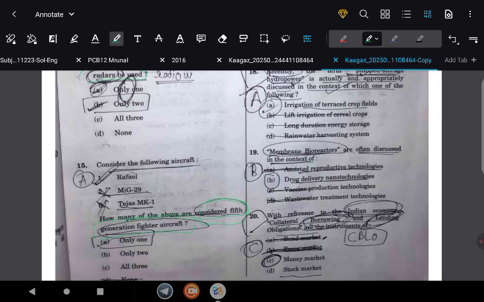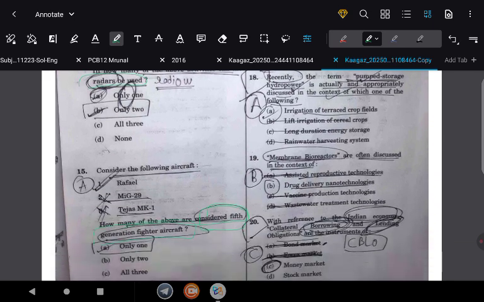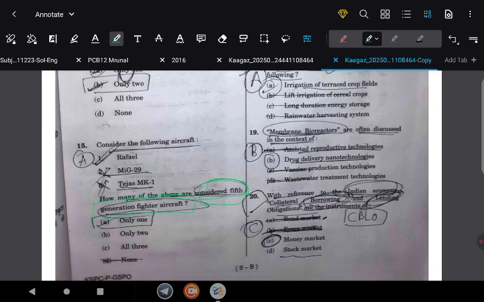It is not something subject to the interpretation of the examiner or anyone else, because it is a very definite technology. So I had thought that Rafale might be a fifth generation aircraft, but it is apparently not, and the answer here is none.